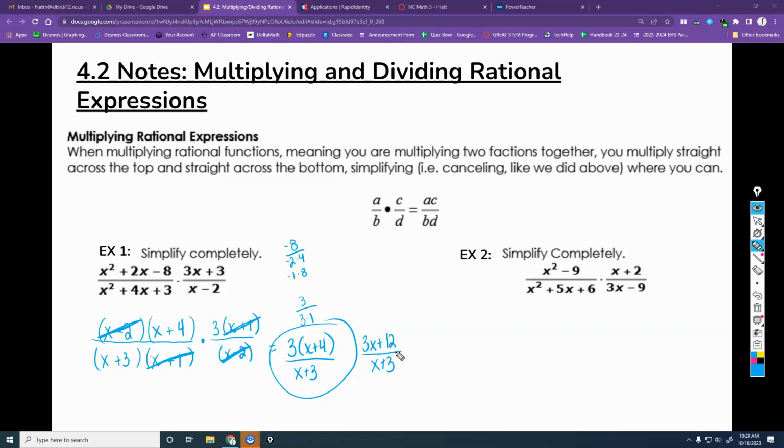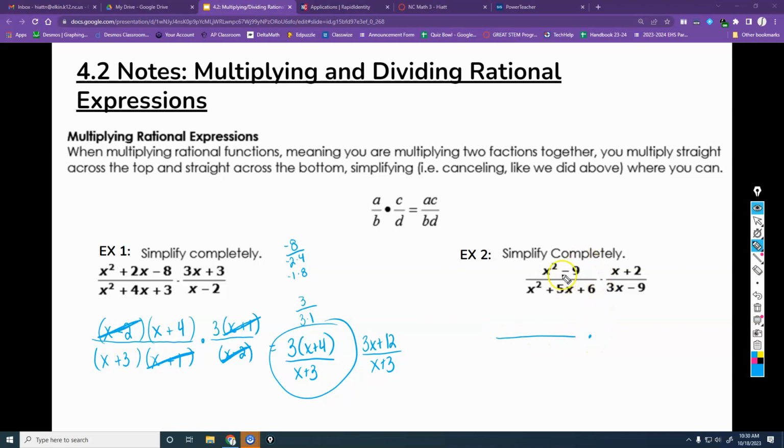We'll quiz on this Friday. Questions so far? If you can factor, this should not be that bad. If you cannot factor, it's going to be painful because you have to be able to factor to do these. So it's something to work on if you're having trouble factoring.